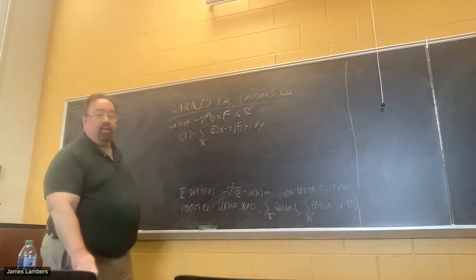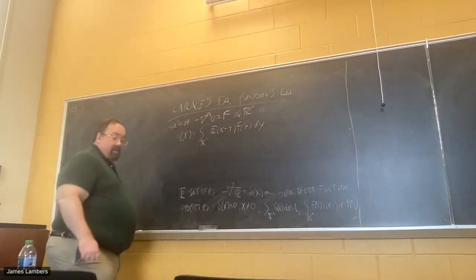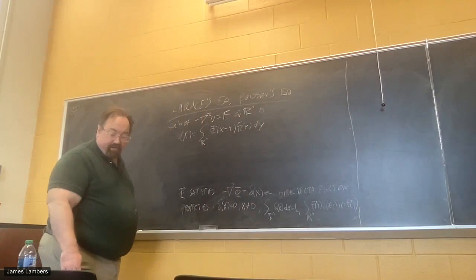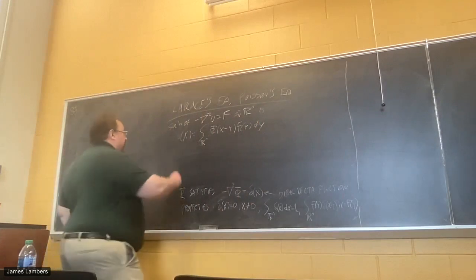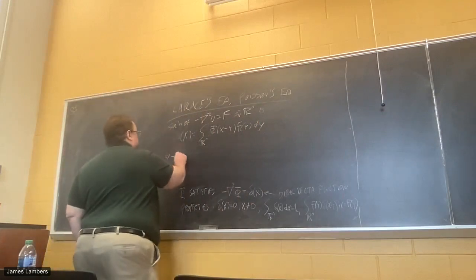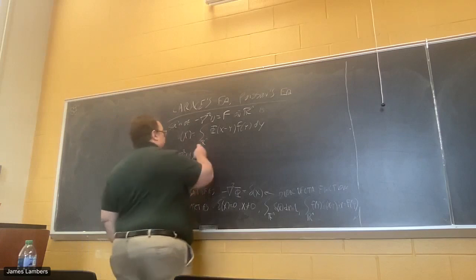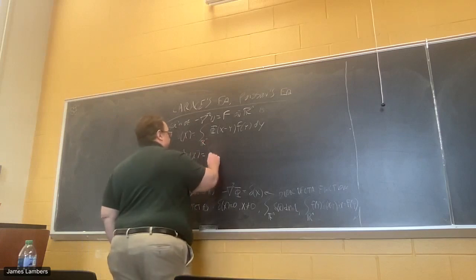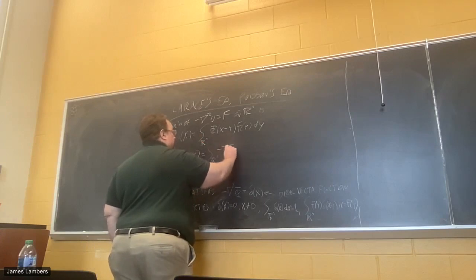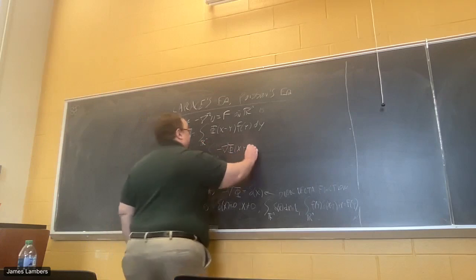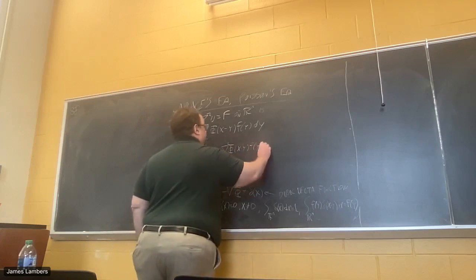And to see why that's true, I take minus Laplacian of both sides. So my Laplacian is going to be with respect to x. So I have minus Laplacian of phi of x minus y, f of y dy.